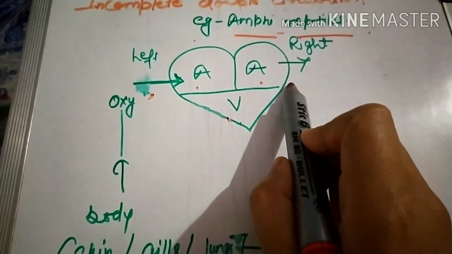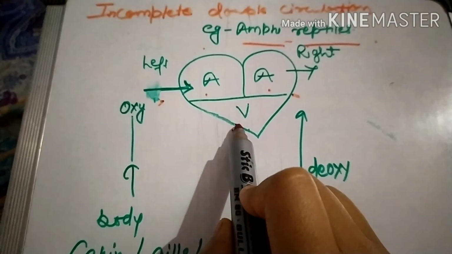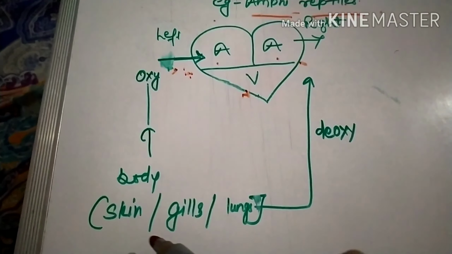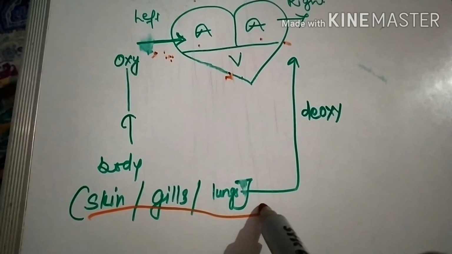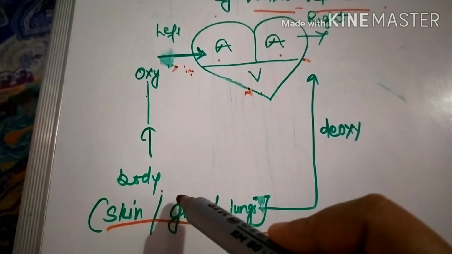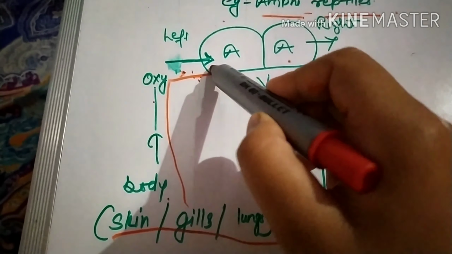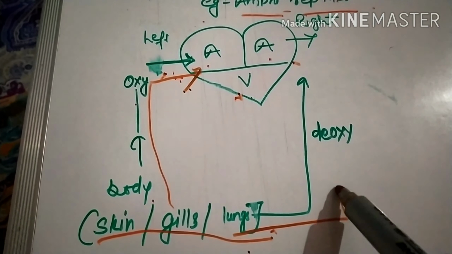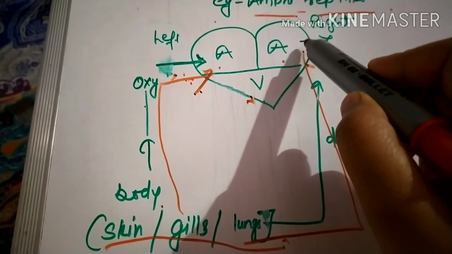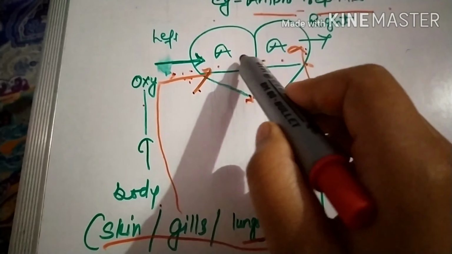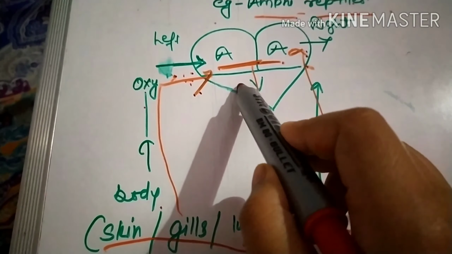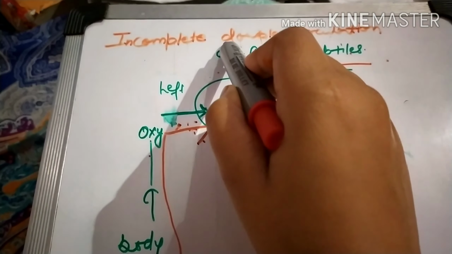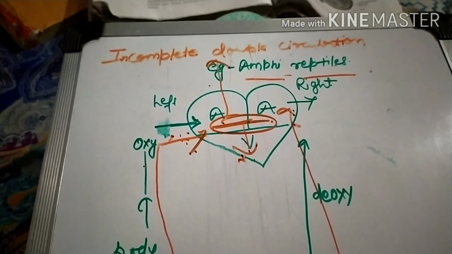The oxygenated blood from the gills and lungs is carried to the left atrium, and deoxygenated blood from the body parts is carried to the right atrium, and they are mixed together in the single ventricle. This mixing of blood is called incomplete double circulation.